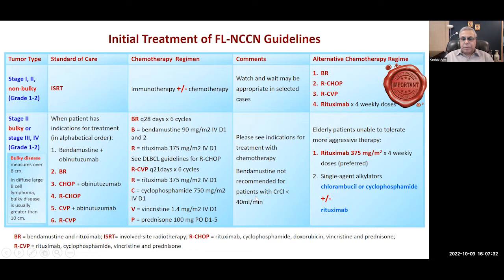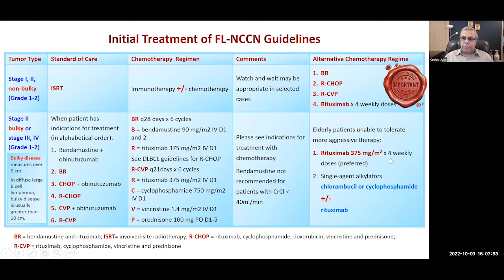Bendamustine is not recommended when the patient's creatinine clearance is less than 40 ml, right? So that is sort of stage 3 chronic kidney disease.